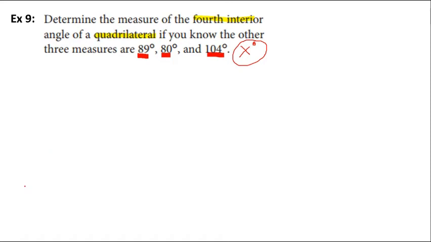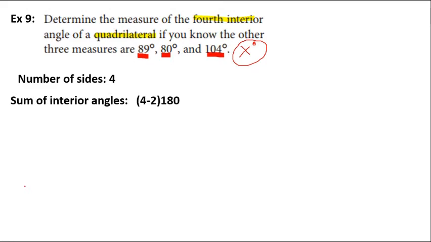So again, first thing we do is, it has four sides. So the sum of the interior angles is 4 minus 2 times 180. 4 minus 2 is 2. So 2 times 180, which is 360 degrees. So that means all four angles here have to add up to 360 degrees.